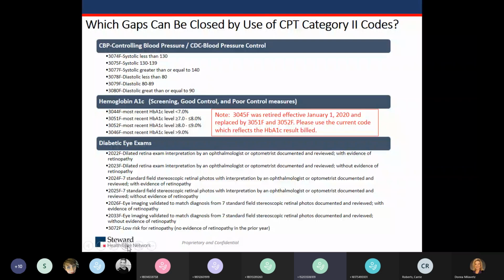Please review these and ensure that you're affixing the appropriate code, which reflects the hemoglobin A1C result that you're billing.